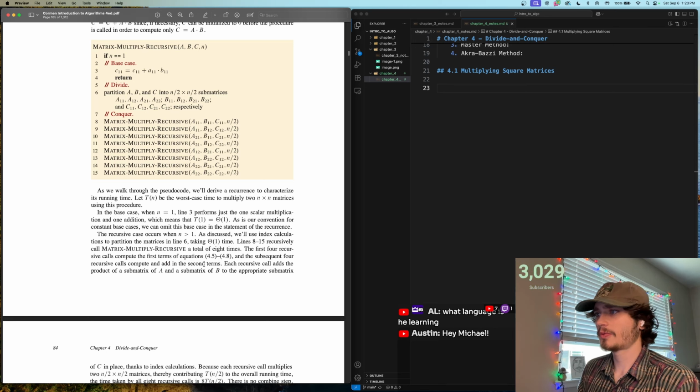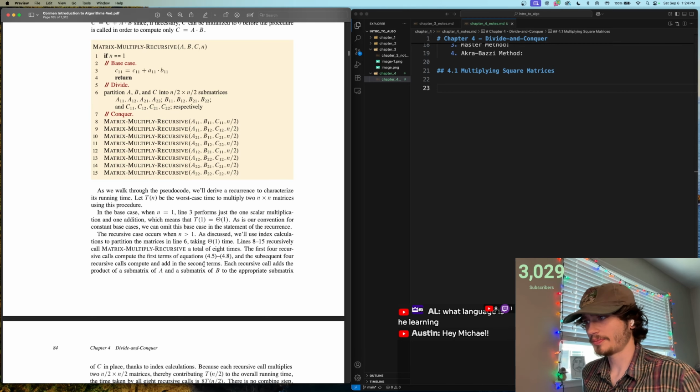Let T of n be the worst case time to multiply two n by n matrices using this procedure. In the base case, when n equals 1, line 3 performs just the one scalar multiplication and one addition, which means that T of 1 equals theta of 1. As in our convention for constant base cases, we can omit the base case in the statement of the recurrence.